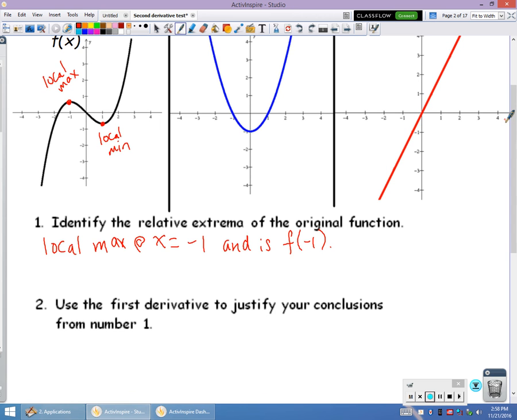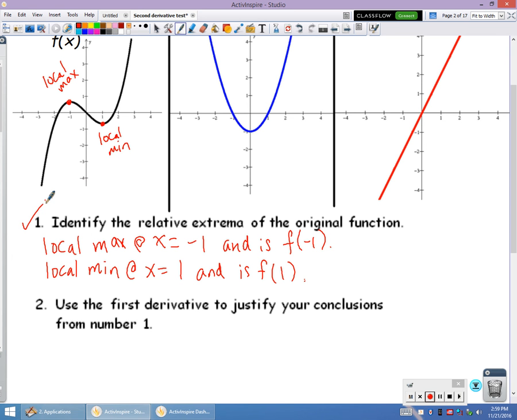There is a local minimum at x equal to +1, and that local minimum value is a y value of f of 1. It's the function when you input 1, you output the y value. So we have identified the local or the relative extrema of the original function. Remember, the word relative and local are interchangeable.